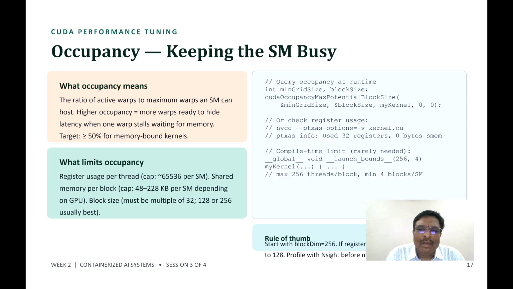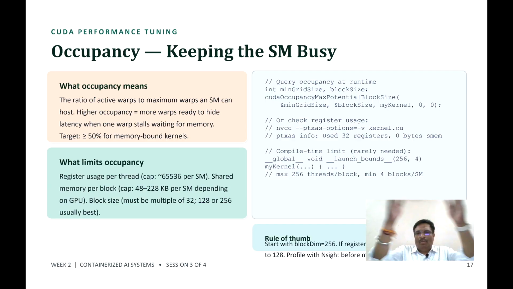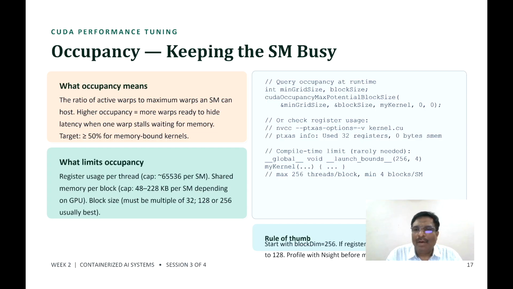So basically multiples of 32, and so on and so forth. There is a rule of thumb which talks about the block dimension. The maximum is 256 threads per block, and there are a minimum of 4 blocks per SM, which is the configuration with which we generally launch our kernels.